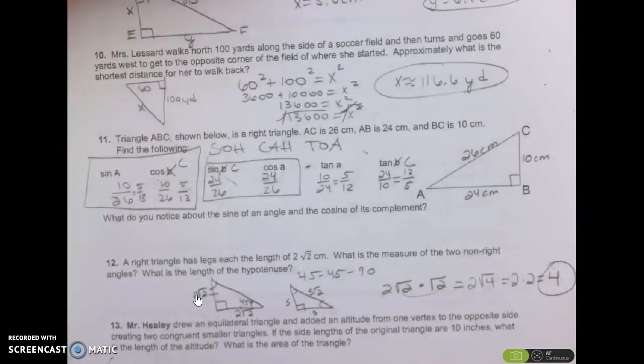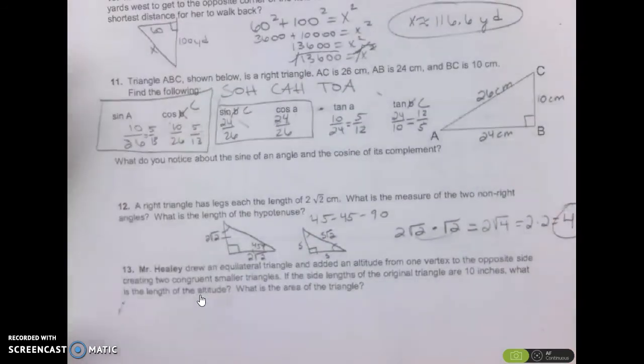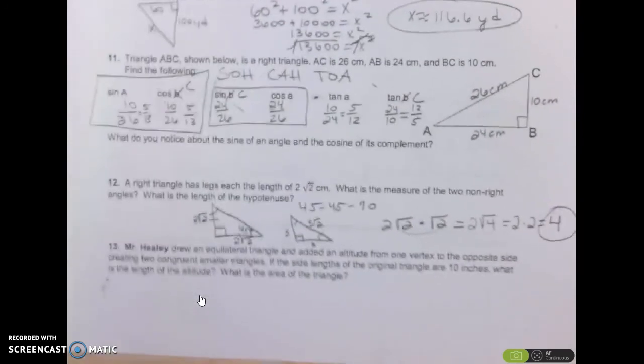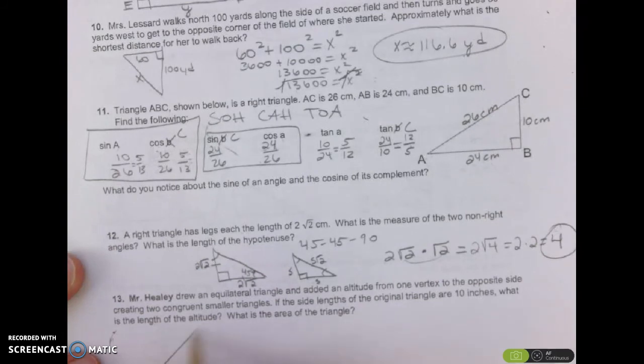And the last problem, number 13, Mr. Healy drew an equilateral triangle and added an altitude from one vertex to the opposite side, creating two congruent smaller triangles. So he drew an equilateral triangle.